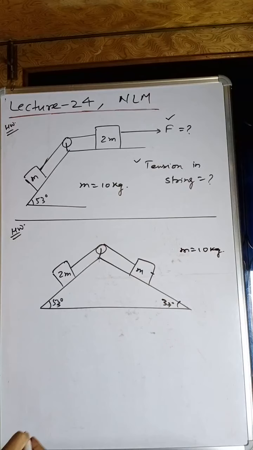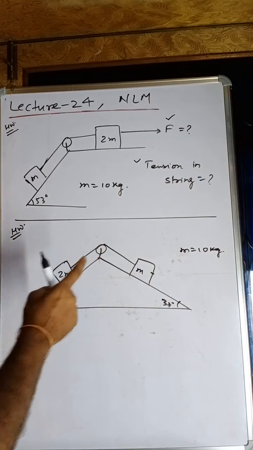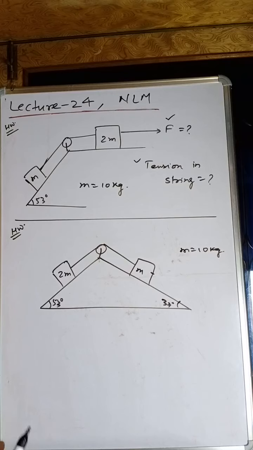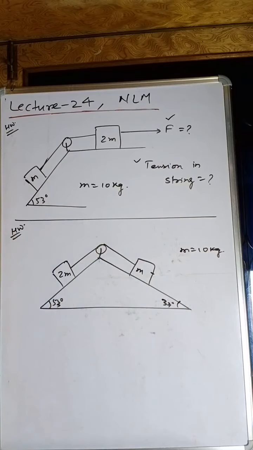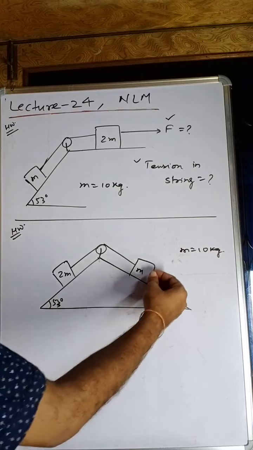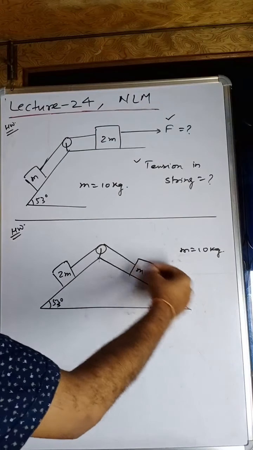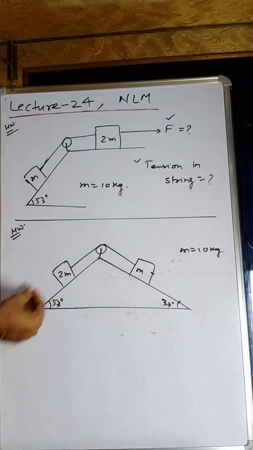Now listen carefully to this question, my dear students. Here the string goes over the pulley, and in this case the system might move downward. So you have to apply the force somewhere. Either you have to apply the force from this M, or you have to apply the force from 2M.